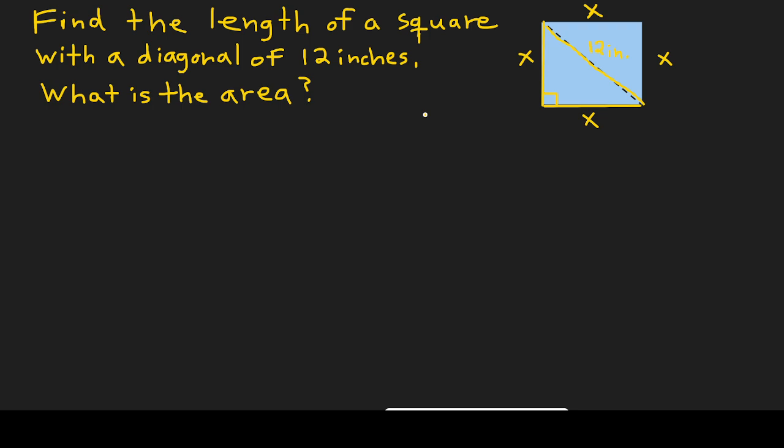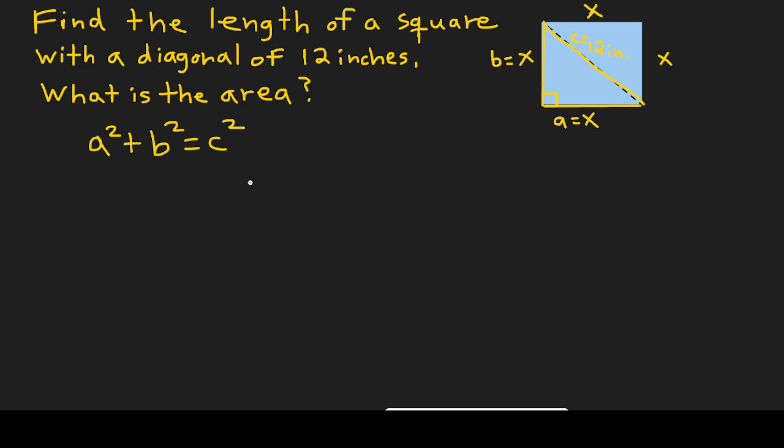So one formula that we know with right triangles is the Pythagorean theorem. So we know that a squared plus b squared equals c squared. So we can treat this side x here as a, and then our b is x here, that side, and then the diagonal length, this is the hypotenuse, which is c.